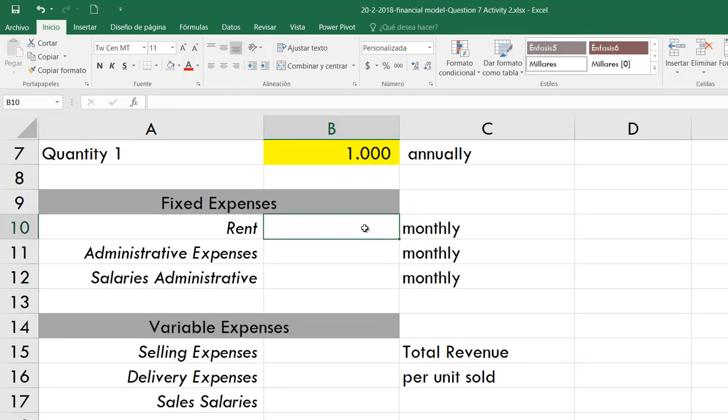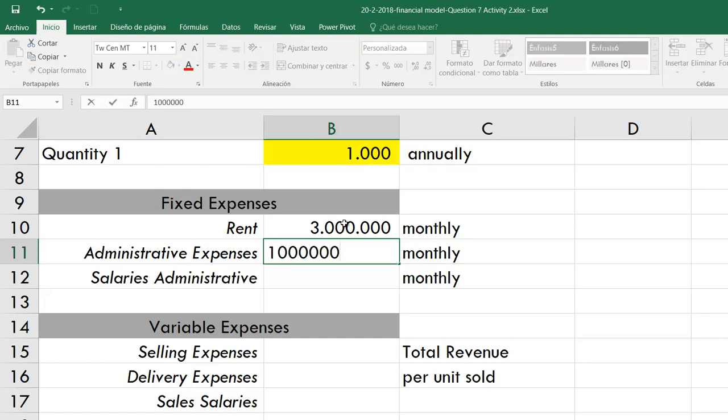So the rent, this is monthly, as you notice here. I would say that my rent is actually 3 million pesos. For other expenses, I take different things into consideration and try to imagine how much of administrative expenses I will have. I come up with 1 million pesos.